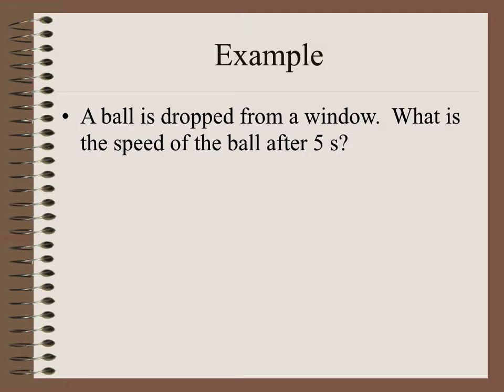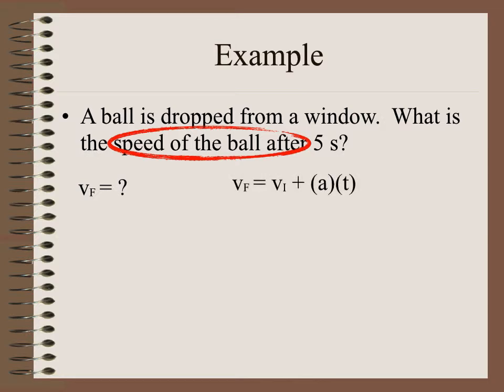Remember, we first start by looking at what we're trying to find. In this case, the speed of the ball after, which is going to be a final speed. We have a time, 5 seconds. Now we have the word dropped.